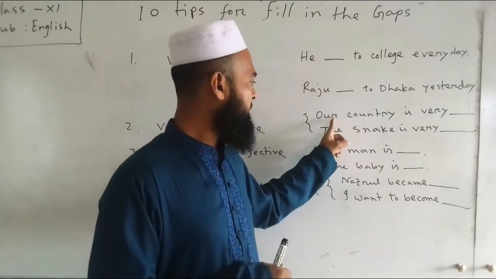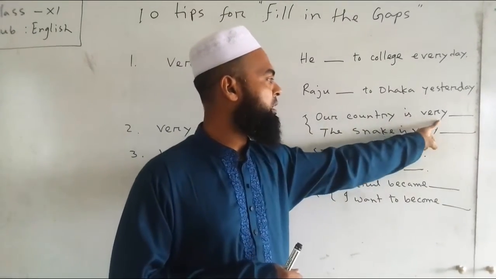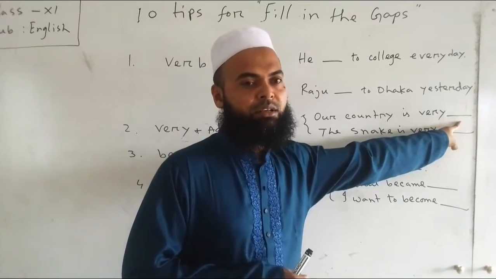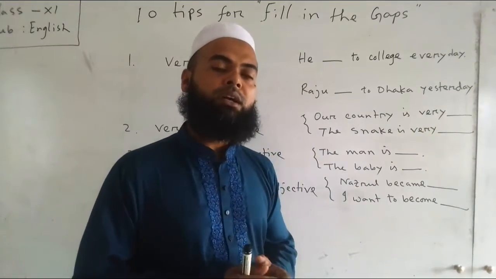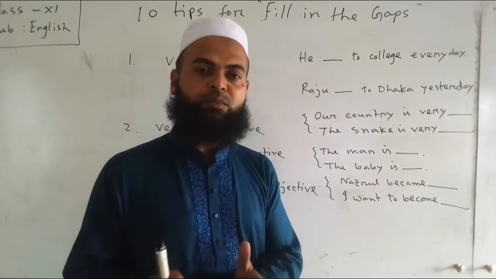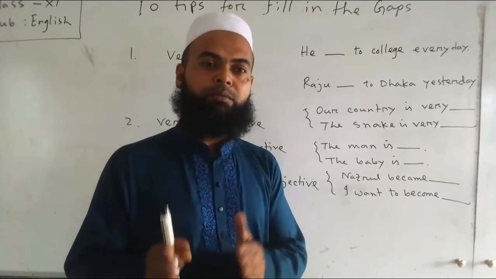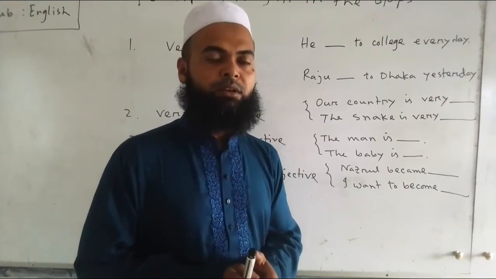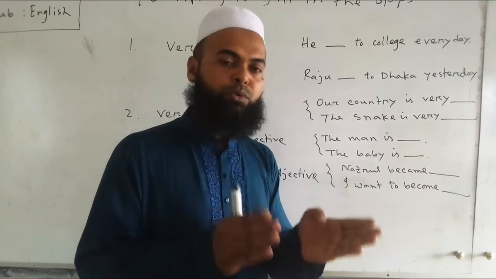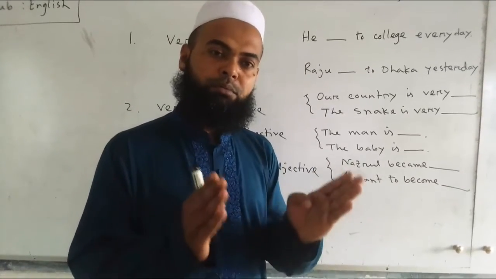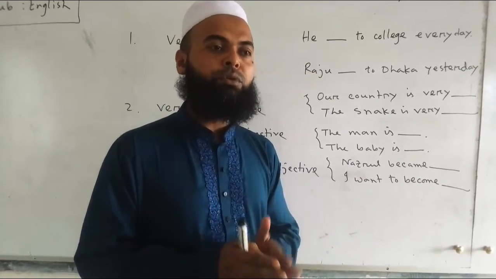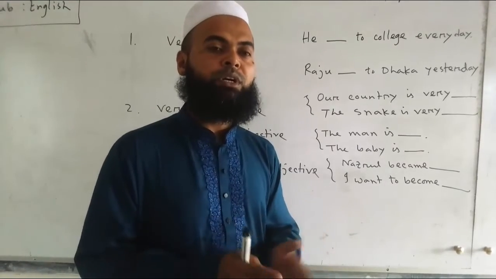For example, our country is very dash. The answer may be, our country is very small, very populous, very poor, very beautiful.